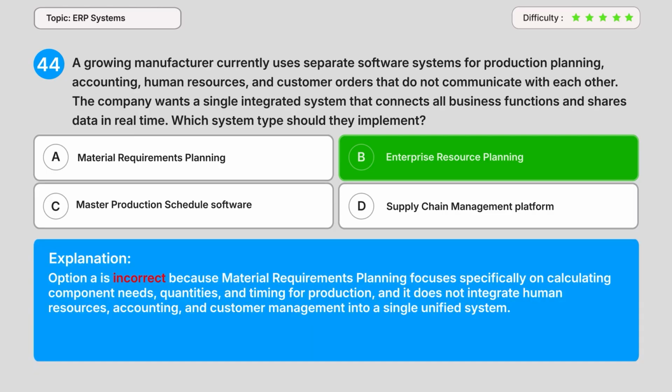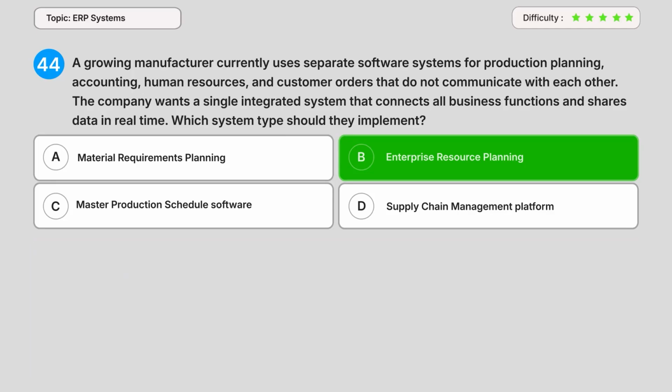Option A is incorrect because material requirements planning focuses specifically on calculating component needs, quantities, and timing for production, and it does not integrate human resources, accounting, and customer management into a single, unified system.